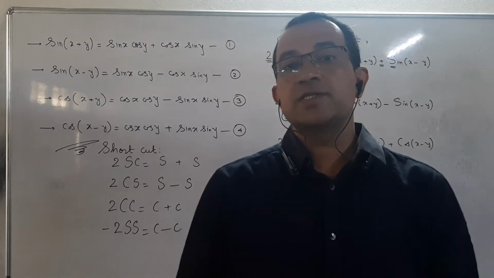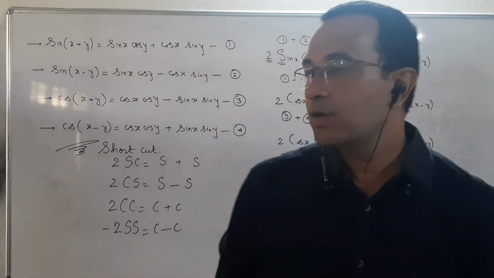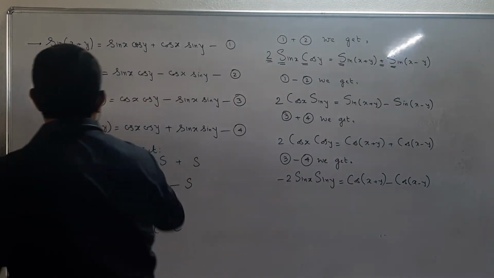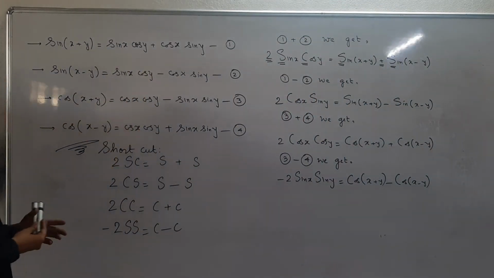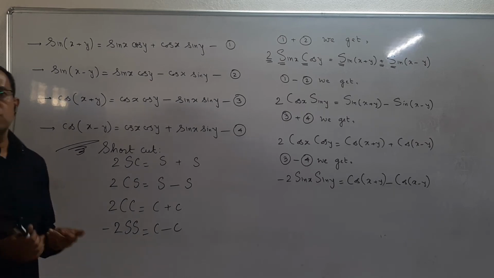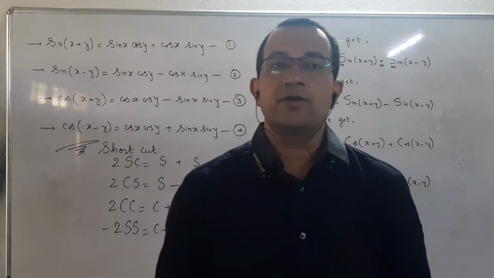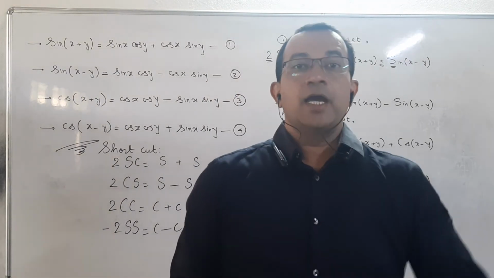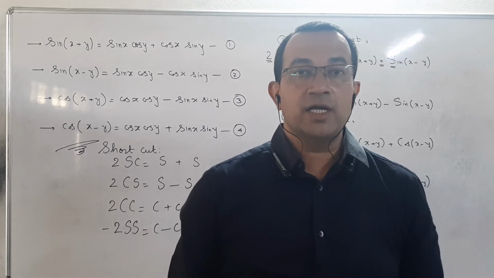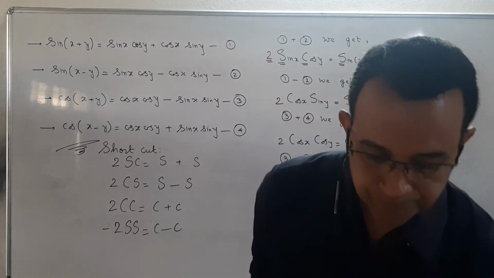So students, these formulas are derived on the basis of the 4 results which we have already discussed. Your prime concern is to write and memorize these formulas again and again till you are extremely thorough with them.